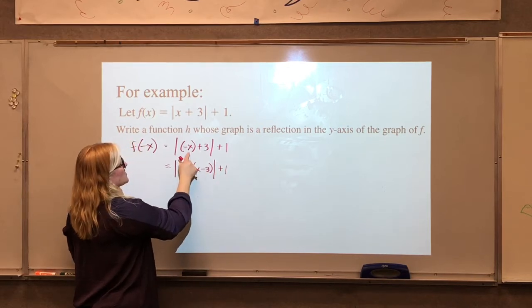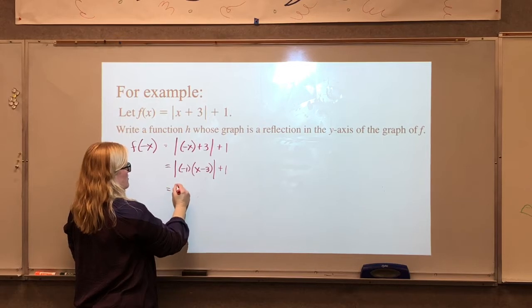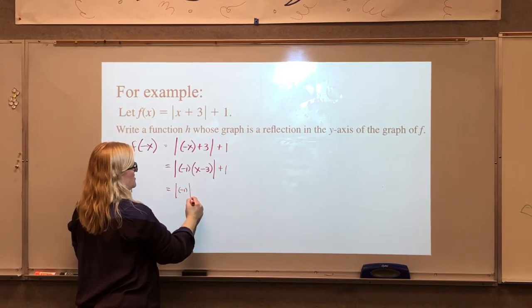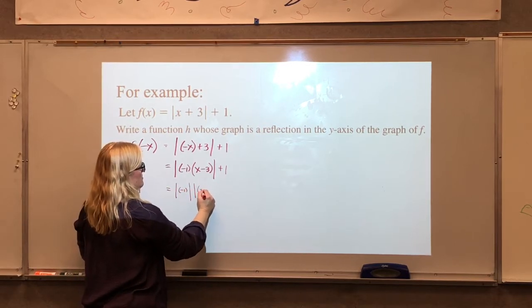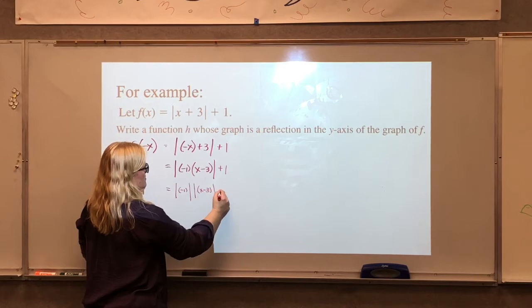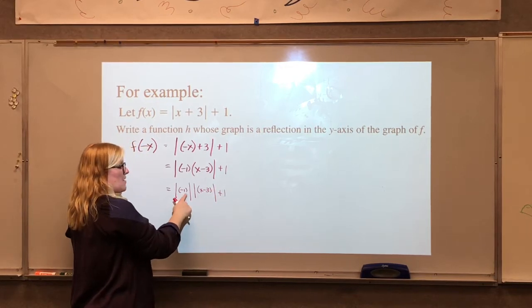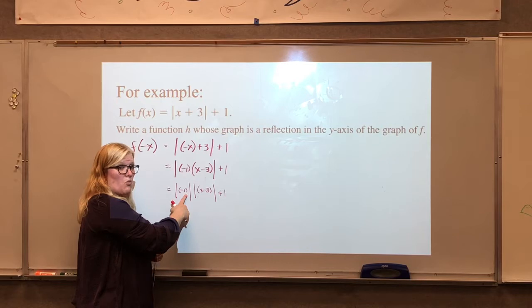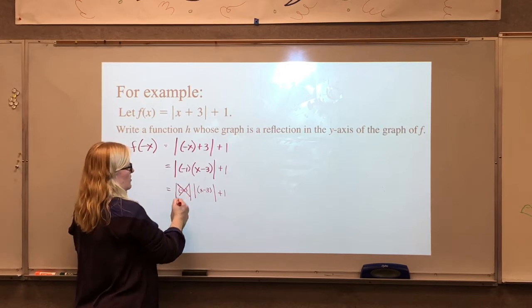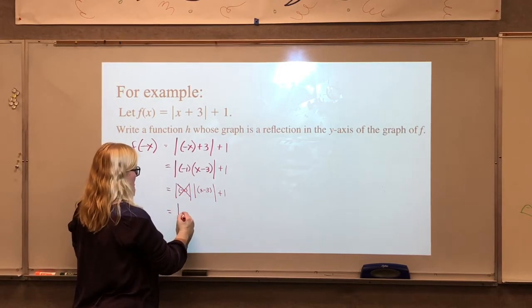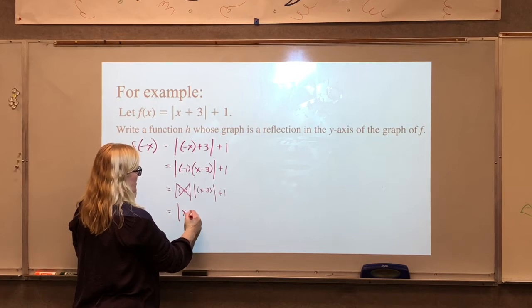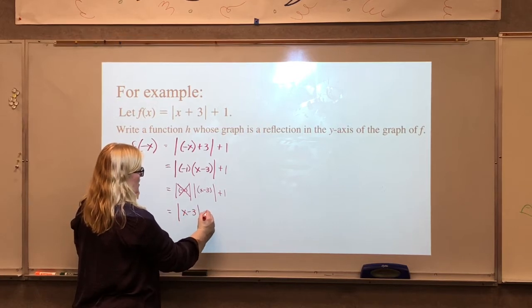So I just factored a negative 1 out of these, and now I can chop these up. And the absolute value of a negative 1 is 1, so that kind of goes away, and I'm left with the absolute value of x minus 3 plus 1.